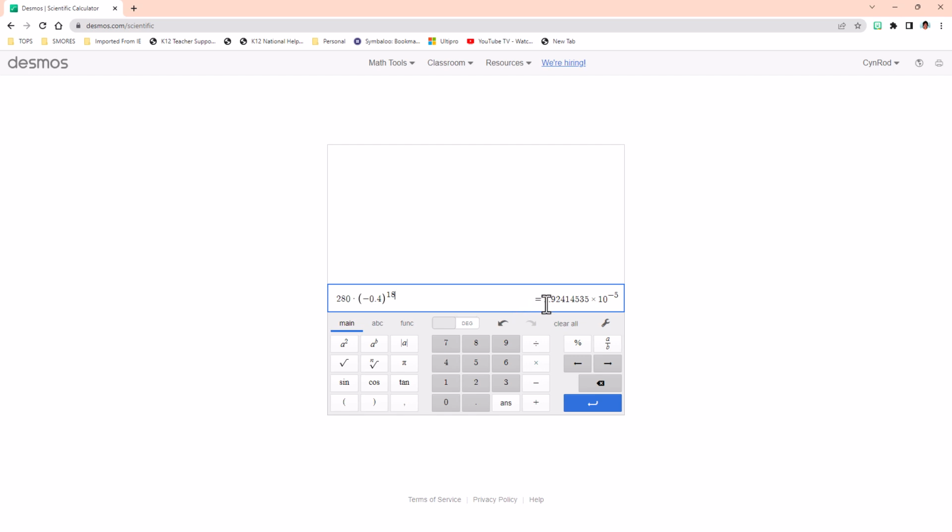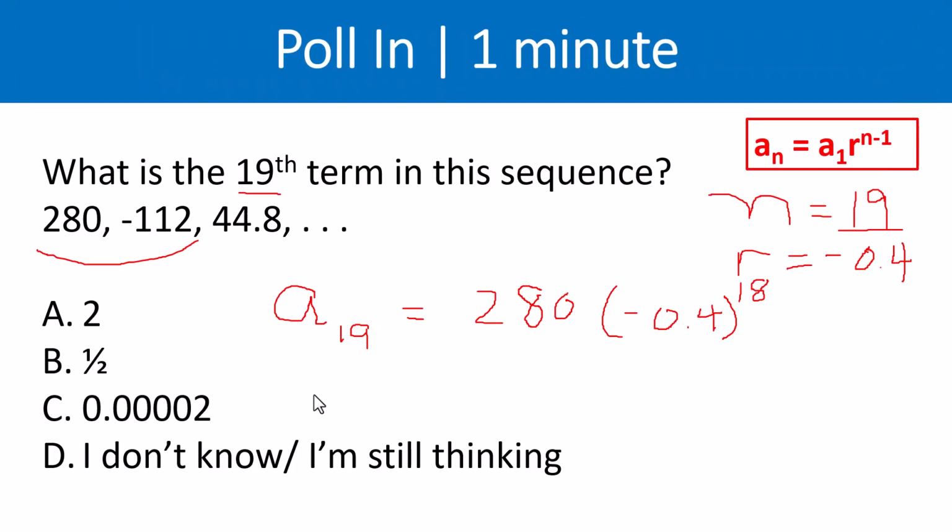And then we'll have 1, 9, 2, 4, 1, etc. So let's go back to our answer choices. And what we have to choose from gives us this answer here, 0.00002.